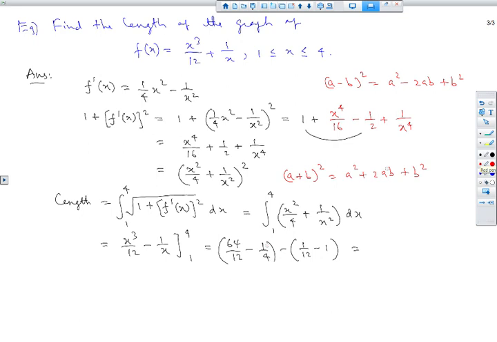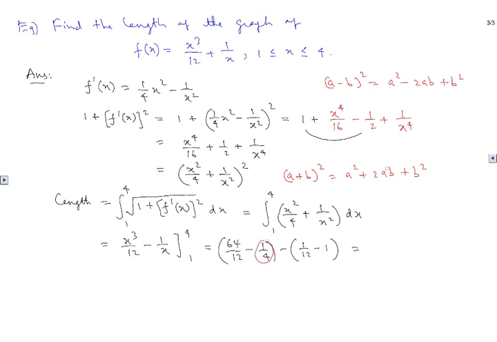This term you can write as 3 over 12, and then we have negative 1 over 12 here, so it's going to be 4 over 12. That means you're going to subtract that 4 over 12 from 64 over 12, so it's going to be 60 over 12, which is 5, and minus becomes plus 1. That means you end up getting 6. So the answer is 6 units. So that's the arc length.